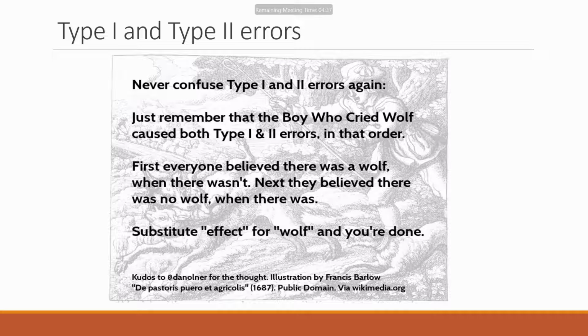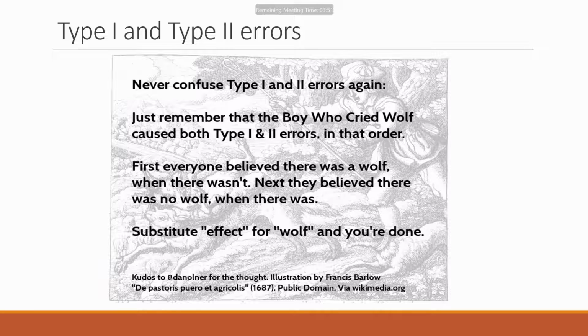Whenever we do research and we have some hypothesis, we can make errors, and we can distinguish two types of error, type 1 and type 2. First, everyone believes there was a wolf, but there was not. That is type 1: we believe in our hypothesis, we think it's correct, but it's not.